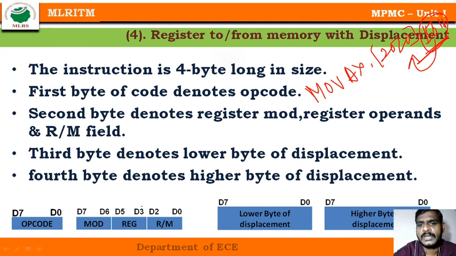In this case there is only 1 byte because I am using an 8-bit displacement. In case I use 16-bit data, then I'll go for the 4th byte to denote the higher order, because here only the lower order is there.